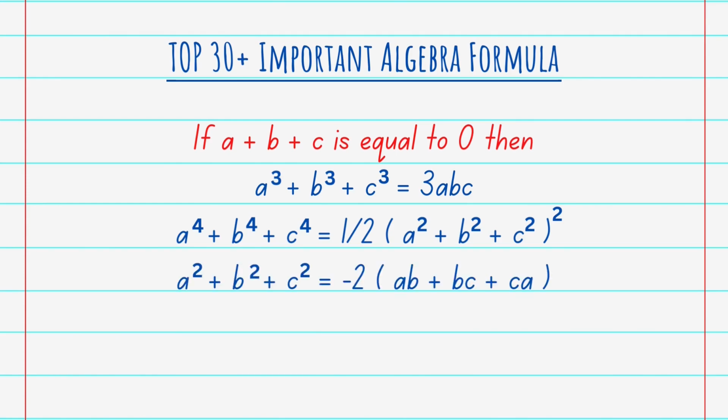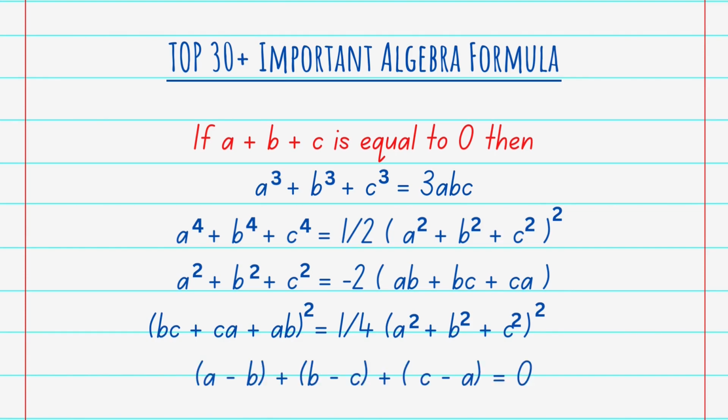Next is a² + b² + c² is equal to minus 2(ab + bc + ca). Next is (bc + ca + ab) whole square is equal to 1/4 of (a² + b² + c²) whole square.